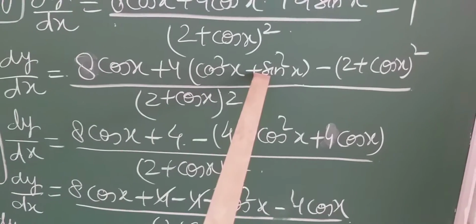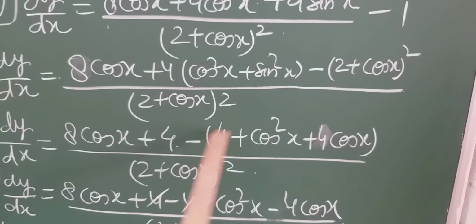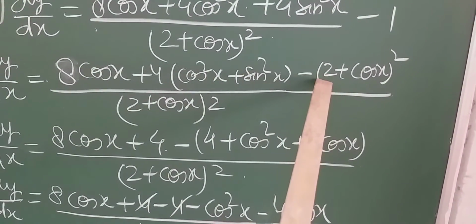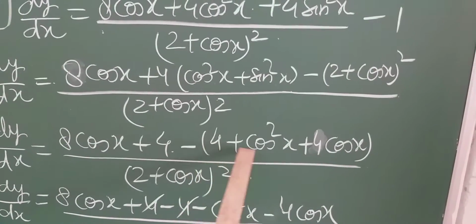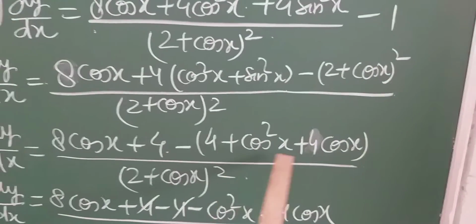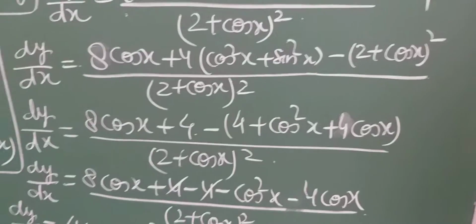So 4 into 1 equals to 4, minus, let us open the bracket, a square plus b square plus 2ab, 2 is 4 plus cos square x plus 4 cos x.